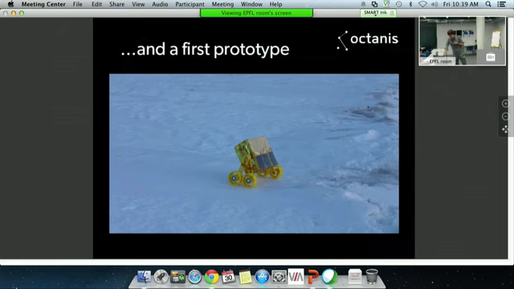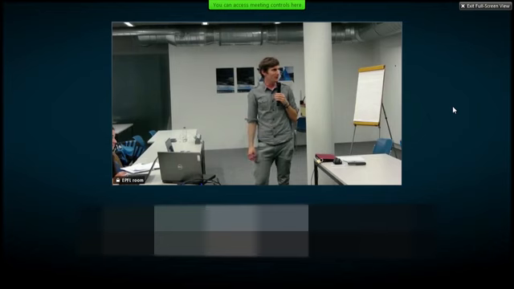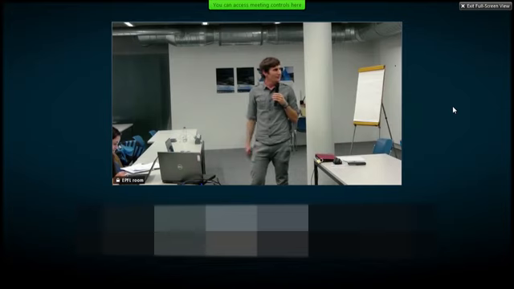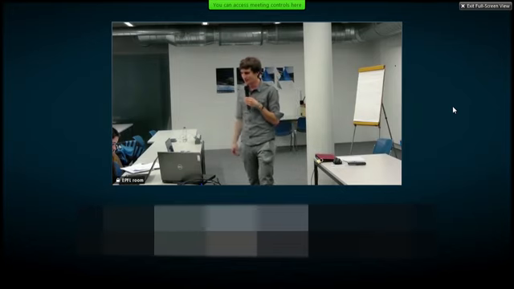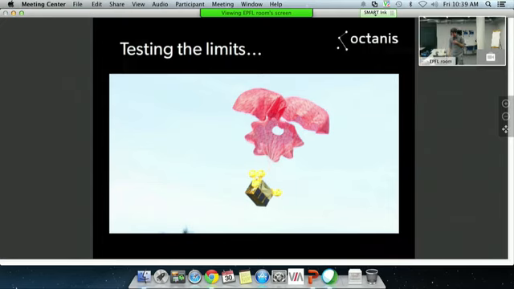And that's what we had, and we went out with our first prototype. It's pretty cute, right? We went to Sweden with that. It has a bunch of cheap Chinese solar cells from eBay, but the wheels and everything were already 3D printed. It had our first main board, and it was capable of driving around on the snow.